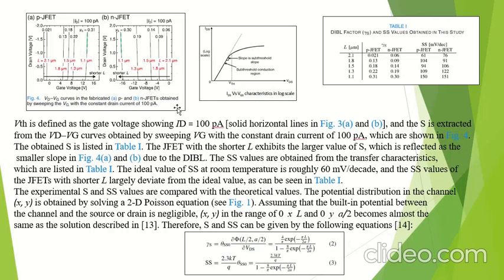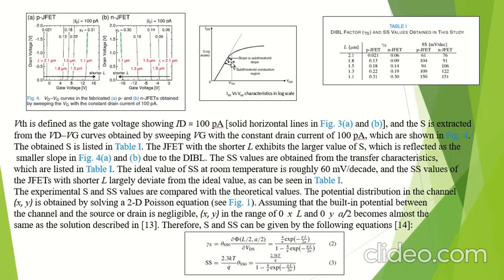Similarly, the subthreshold slope. Before the threshold region, the curve shows a slope. This slope is called the subthreshold slope.